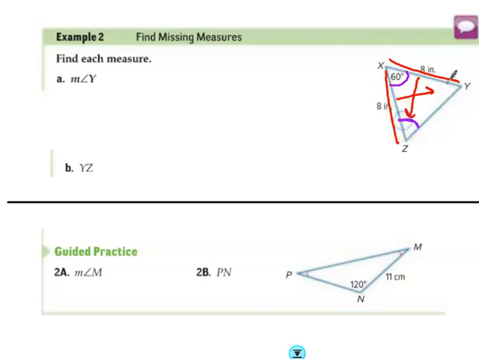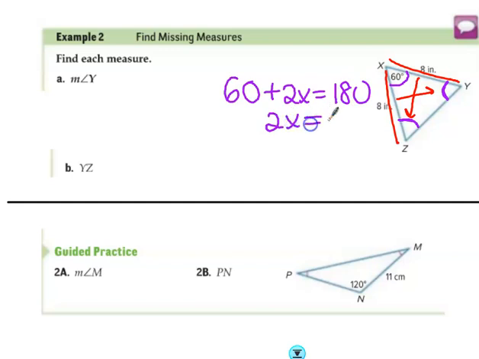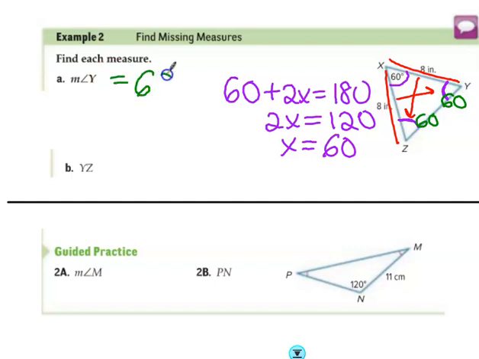And if these are congruent, well, 60 plus 2x equals 180. 2x equals 120, and then x would equal 60. So because the third angle is 60 degrees, these two are also 60 degrees. It looked like an isosceles, but it was actually an equilateral.